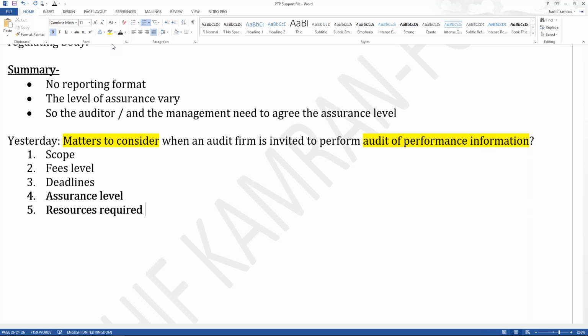And the limitation of the webinar, we have 3 hours and everything has to be put in order. The tutor can just give you a direction. I hope page number 3 and page number 4 are putting you in the right direction for the topic audit of performance information. You know the assurance level, you know the procedures, you know exactly what is the management responsibility, and you exactly know what is the auditor responsibility when it comes to audit of performance information, right?